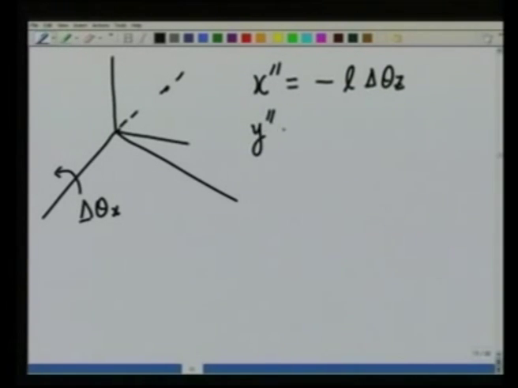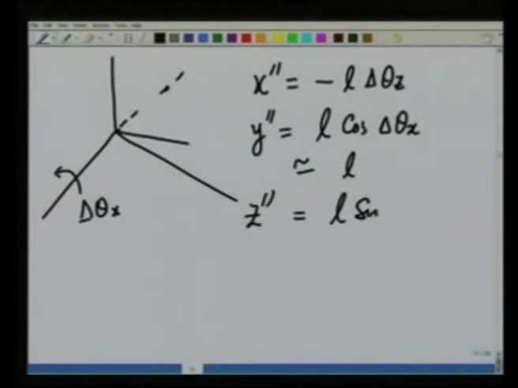Y double prime would remain L cosine of delta theta x, which is roughly equal to L, and z double prime, now it is moving up, the L length is moving up, and therefore, is going to be equal to L sine of delta theta x, because now this will be moving up like this in the yz plane, and this will be equal to roughly L delta theta x.